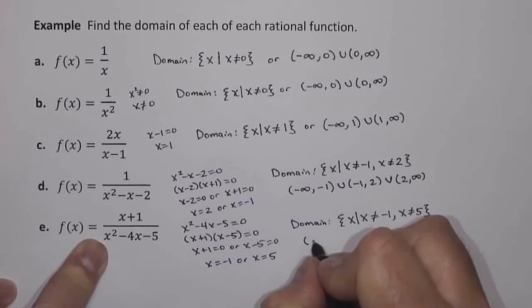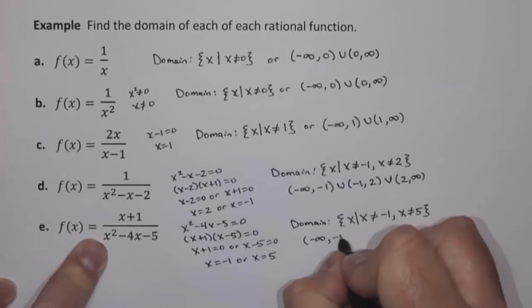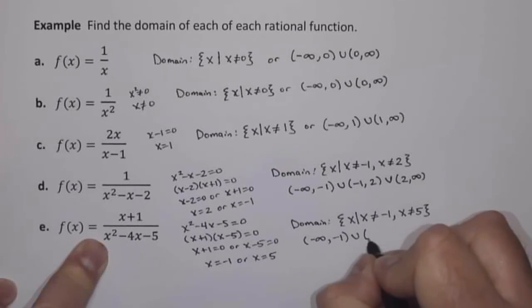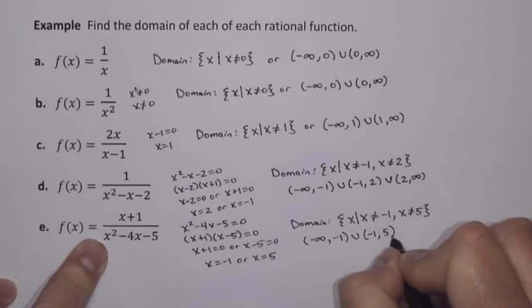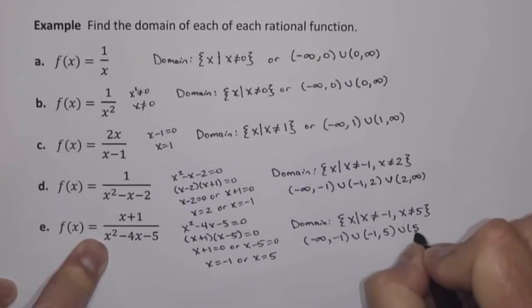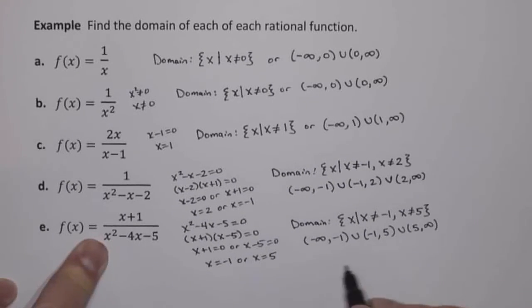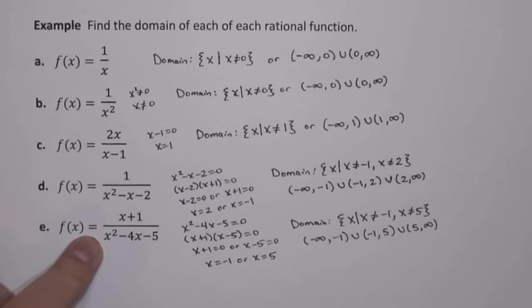If I write that in interval notation, negative infinity to negative 1, union, negative 1 to 5, union, 5 to infinity. So again, x can be anything from negative infinity to negative 1, or it can be anything in between negative 1 and 5, or it can be anything from 5 to infinity. So here we have found the domain of each of these rational functions.